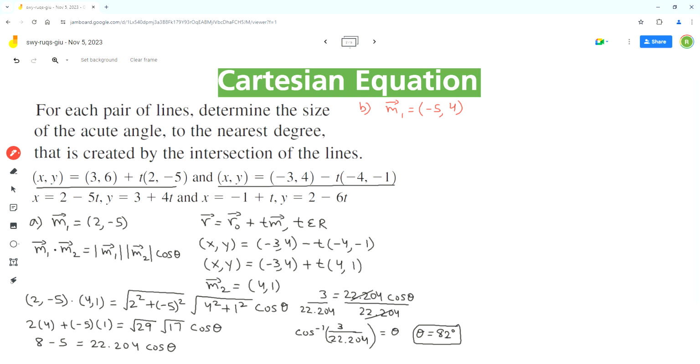Now we can find the direction vector of the second line. The coefficient of t in the x equation is 1. The coefficient of t in the y equation is -6. So this is the direction vector of the second line. Now we can use the dot product equation to find the angle between these direction vectors. Now we can use the vectors.